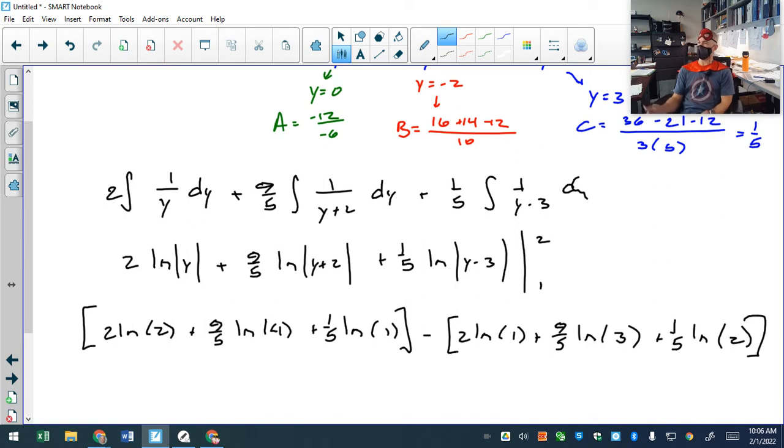And I would just leave it like that. You can ignore the ln1s, those equal 0. So if you want to drop those out, you could combine natural log 2 terms, but I don't see any real benefit to doing that. So that was rough. That's probably the hardest one of the ones that were remaining.